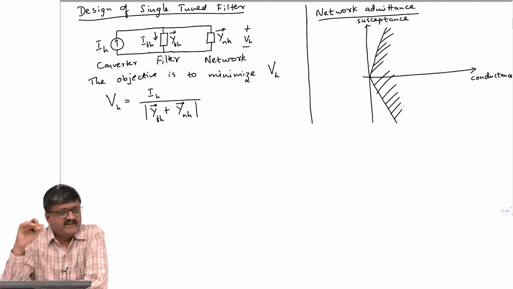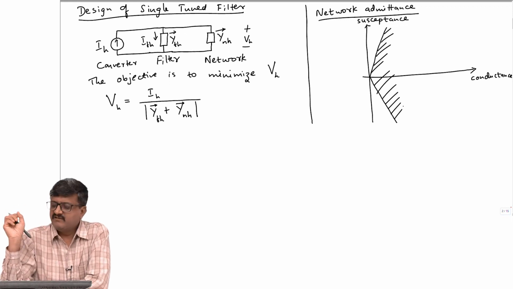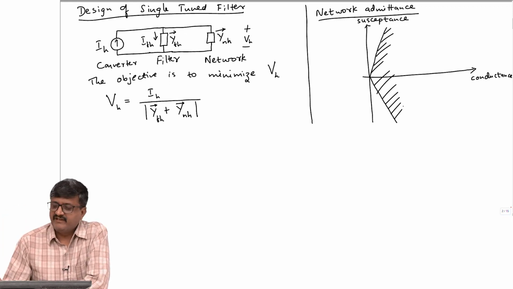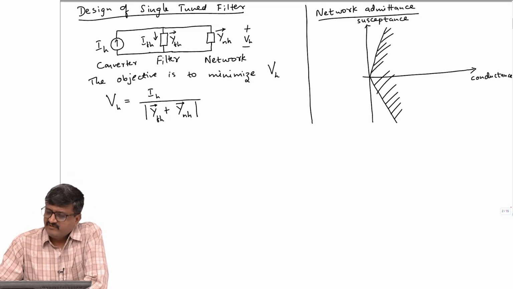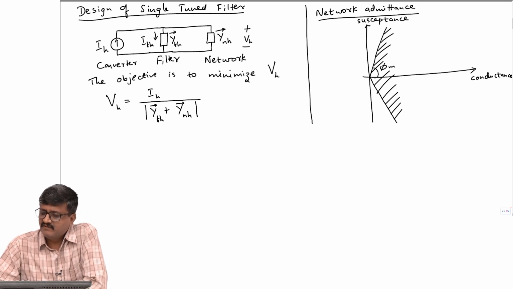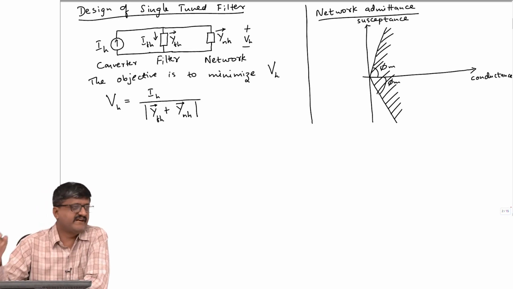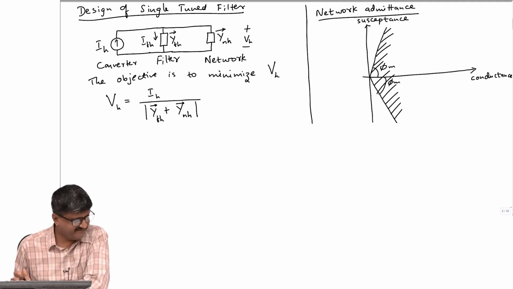If I take the intersection of the areas to the right of these two straight lines, then the network admittance will lie in this area. Okay. So, this angle is called phi m. Similarly, the angle here is also phi m. The two straight lines make an angle of phi m with respect to the conductance axis. So, it is an infinite region.